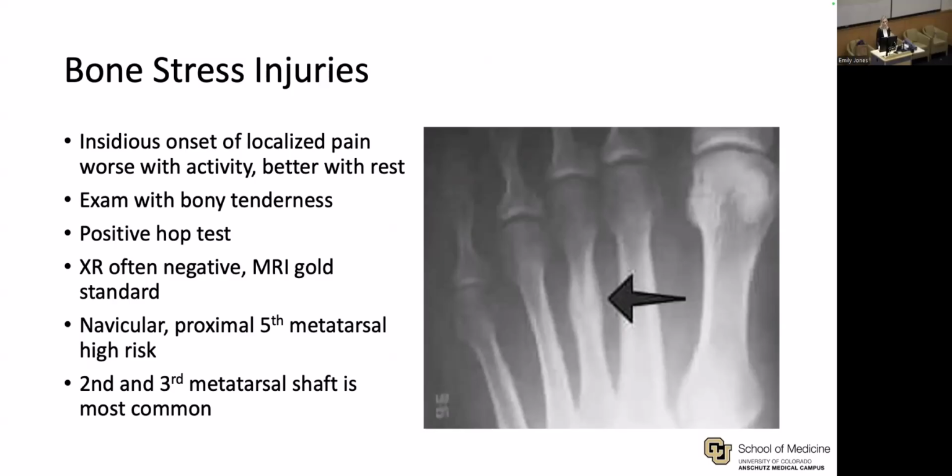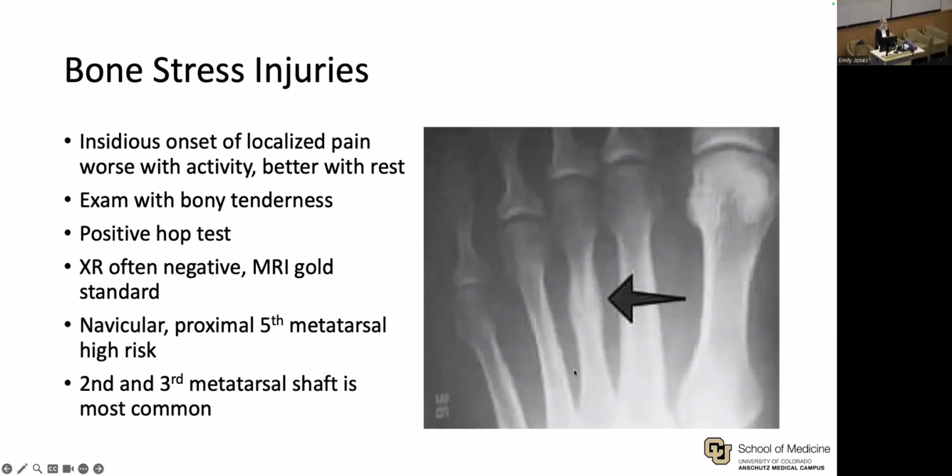If they say no, absolutely not, then I would consider that positive. But if they hop on it and it's painful, that's positive. And then I get an x-ray, which is most of the time, especially if it's just a stress reaction, going to be normal. Here's an example of an abnormal one that I actually recently had.